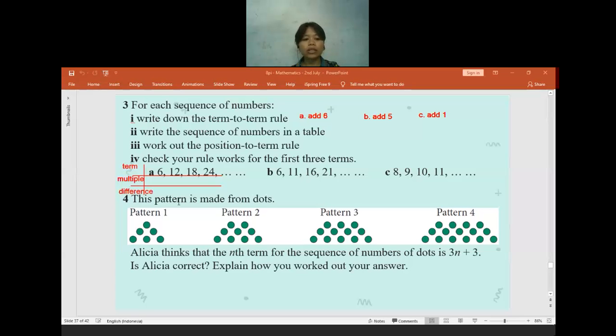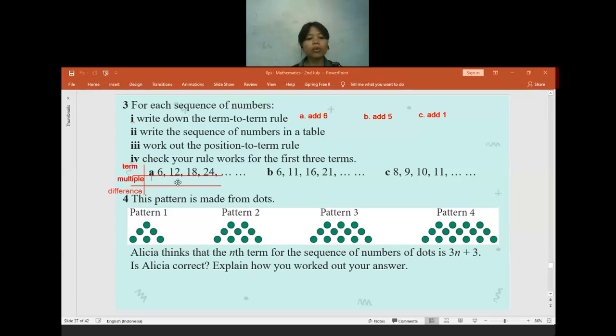For question 3A, we need to find the multiples of how many? Is it multiples of 1, 2, 3, or how many? Yes, it will be multiples of 6 because the term-to-term rule is add 6. Multiples of 6 are 6, 12, 18, 24.